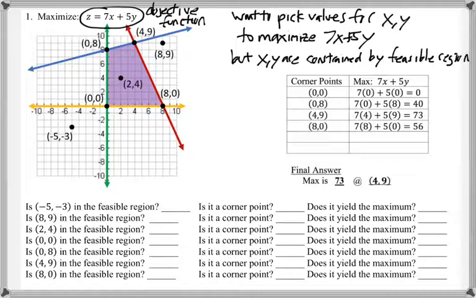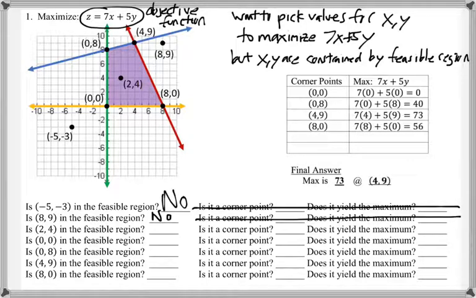So we have a lot of different points of interest here that we're going to talk about. Is -5, -3 in the feasible region? The answer is no. So immediately, we do not care about it. Is the point 8, 9 in the feasible region? The answer is no. So we do not care about it.